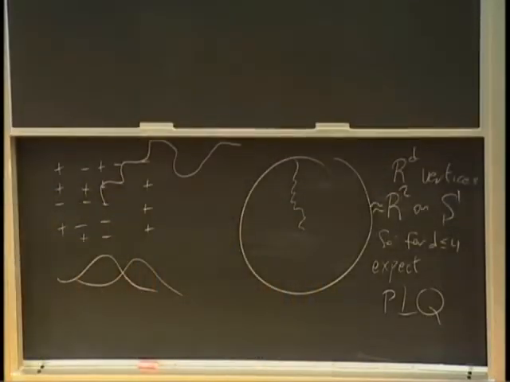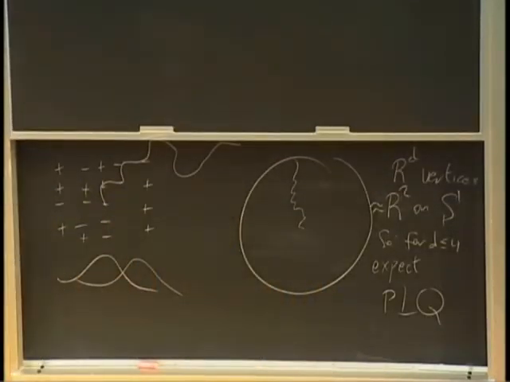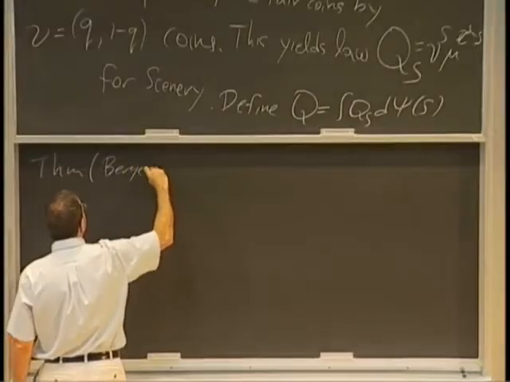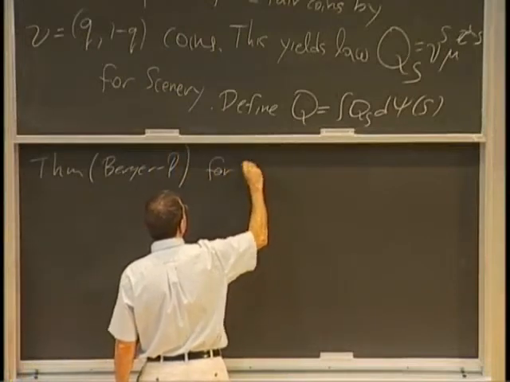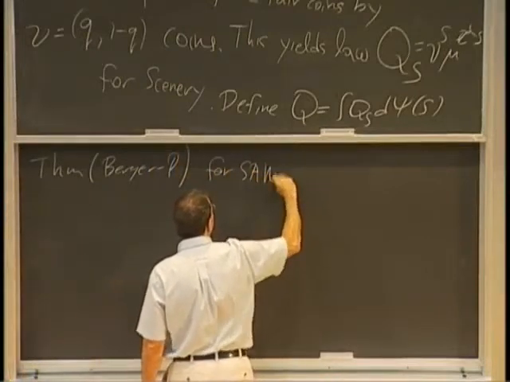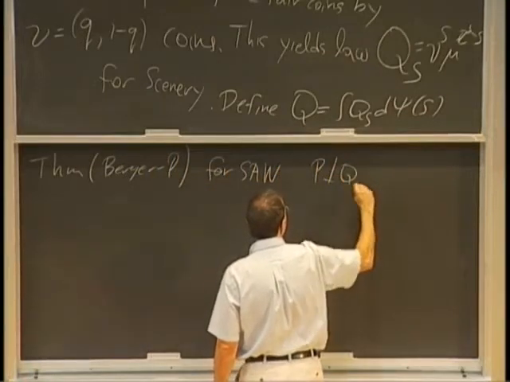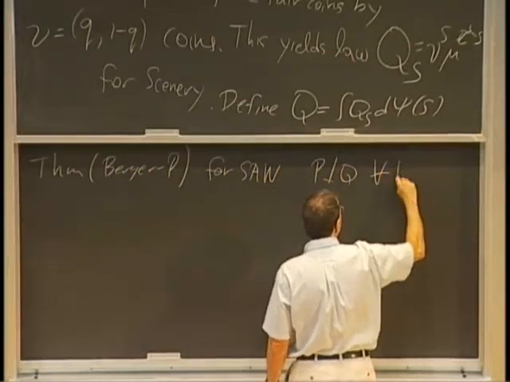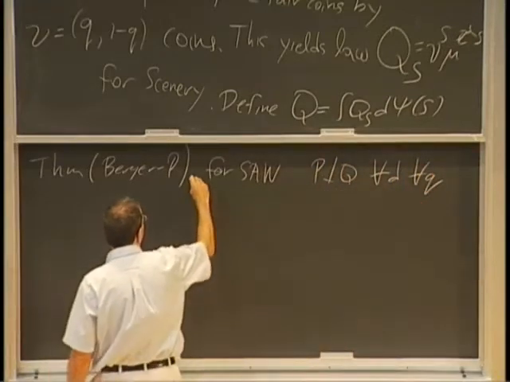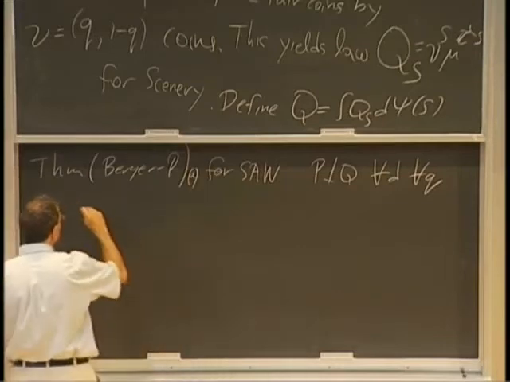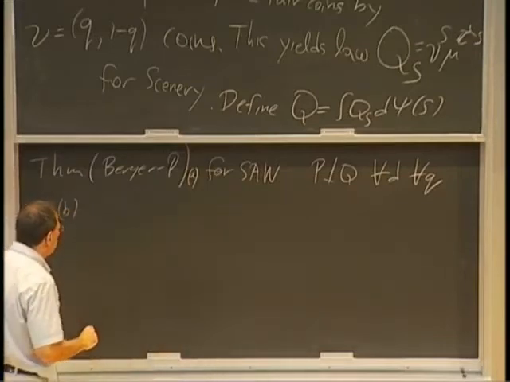For simple random walk, the measures P and Q are singular for all d and for all choices of Q. So that's maybe part A. Now, what about oriented random walk?